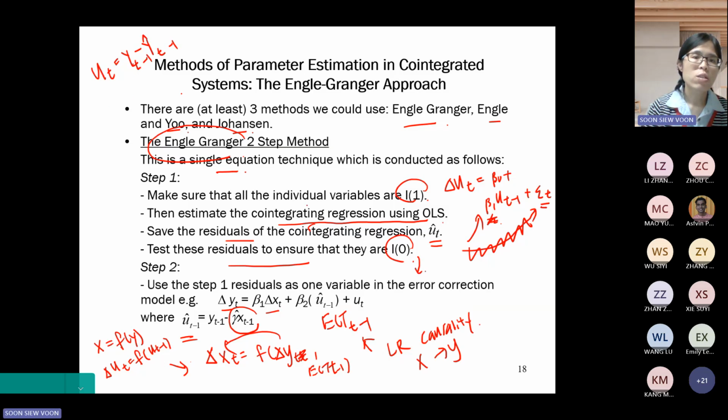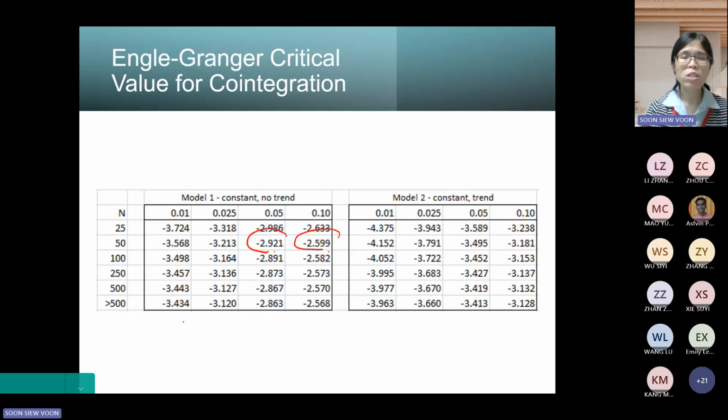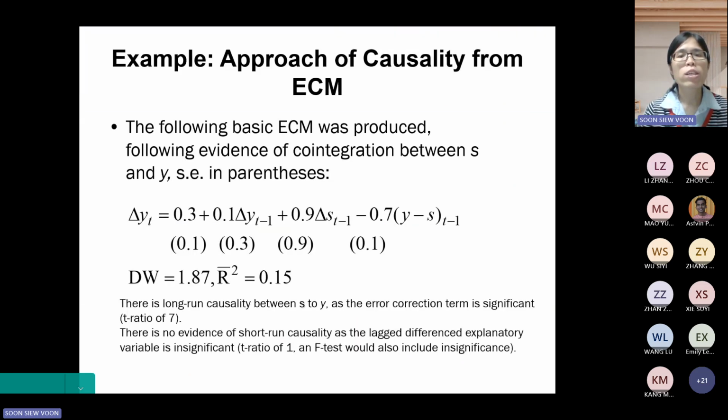But here they use X hat, because it is an estimated model and I only have one variable, so they use X instead of Y. So this is a critical value. So these are the basic error correction models for testing causality.